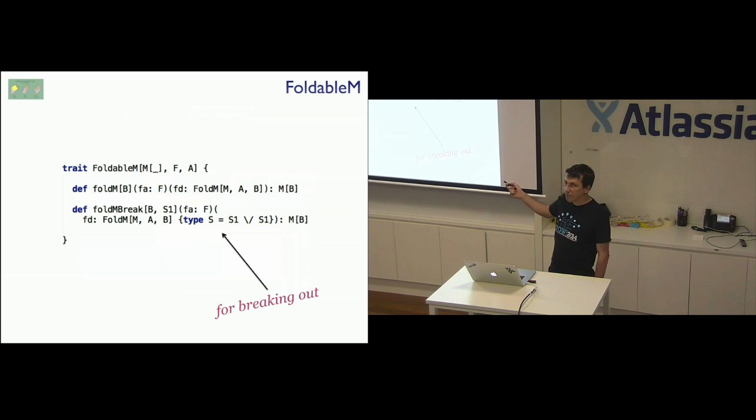Actually, the full type for FoldableM, which is something which you can fold, like a list, a scalaz-stream, an iterator, has an additional method called foldMBreak, where if the fold that you're using has a state that is either S or the same S, either it's left, either it's right, this indicates that we should stop computing stuff.